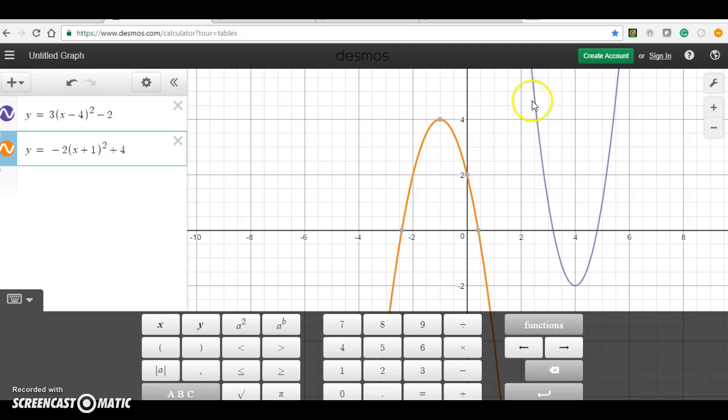Alright, so here's my maximum at 4. It's upside down. Here's my vertex at negative 1, 4. My axis of symmetry is at x equals negative 1. Domain is all real numbers. There's no restrictions. And my maximum value is 4, so the range would be all values less than or equal to 4.